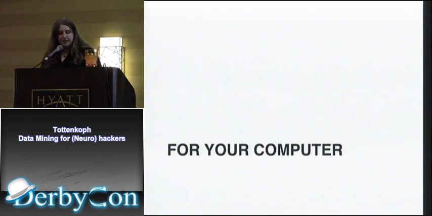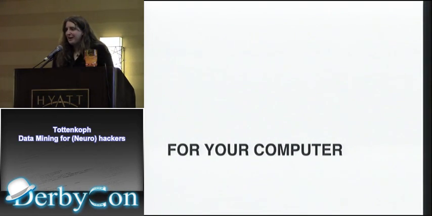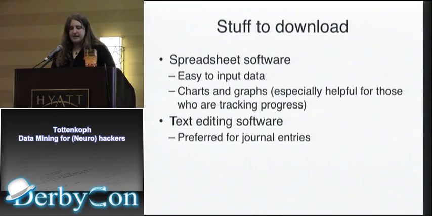For your computer, I'm going to get so much hate mail for that, probably. For your computer, stuff to download. Office software is awesome. Not Microsoft Office, like you can use Open Office or Google Docs. Spreadsheet software is really great because you can put in all your data and then they make pretty charts and graphs for you.